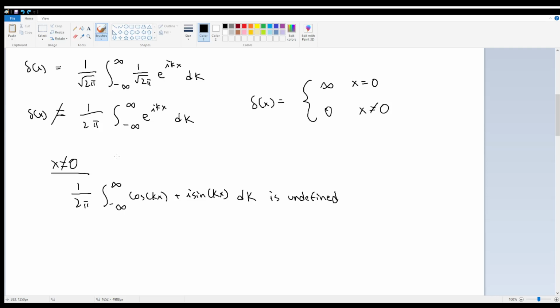The requirement is that the function that you're transforming, f of x, must be square integrable to undergo a Fourier transform.